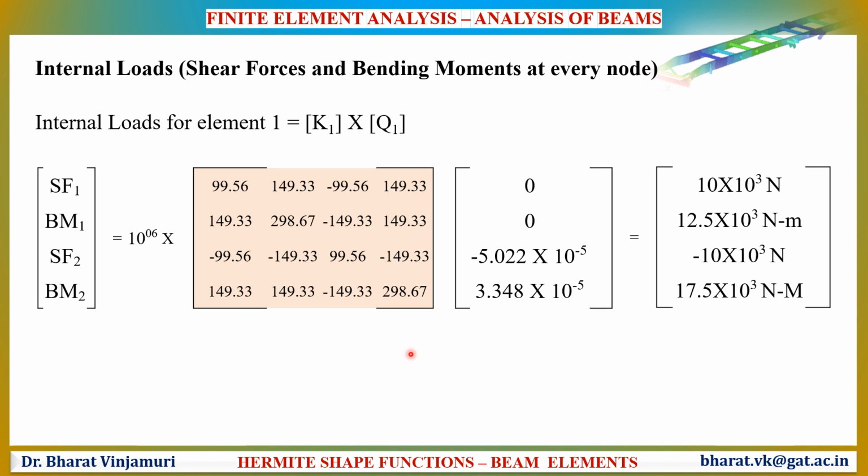To find the internal loads for element 1, we will be considering the stiffness matrix of element 1 as well as load vectors of element 1, the displacement vectors of element 1. We will be obtaining the shear forces at node 1, node 2.